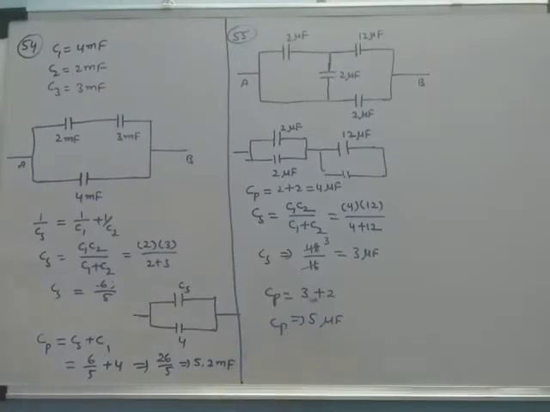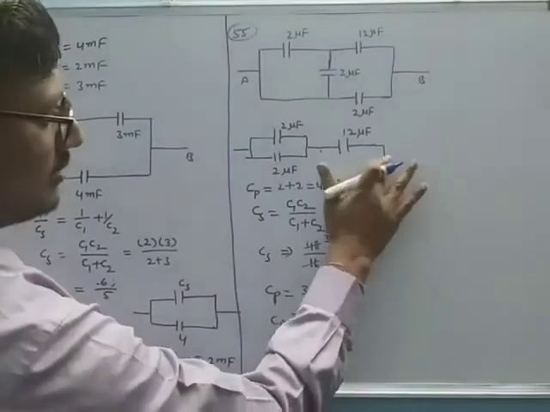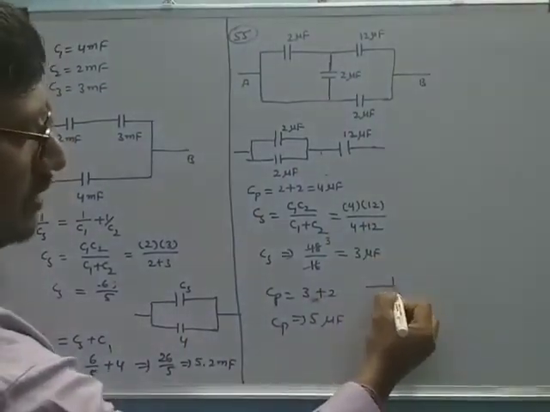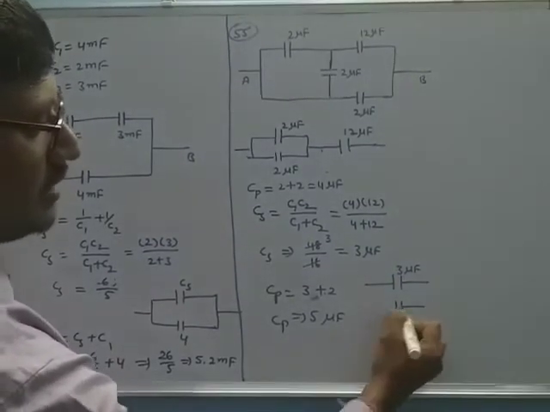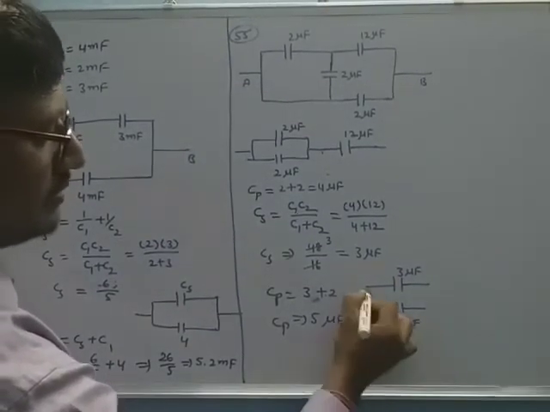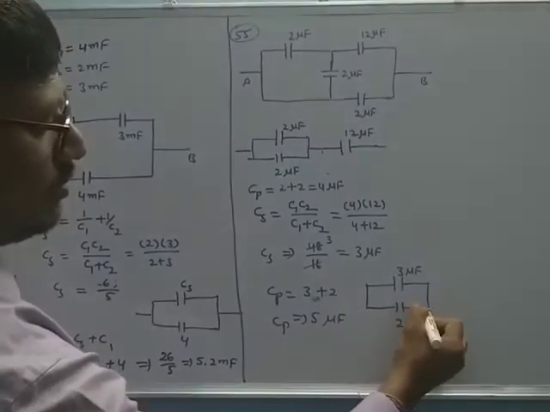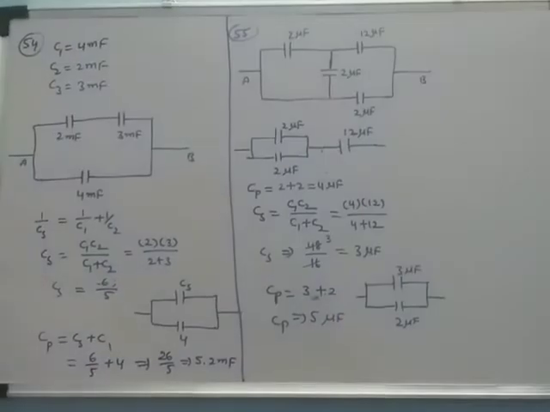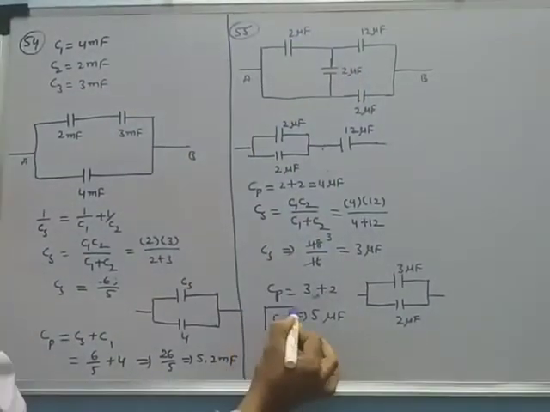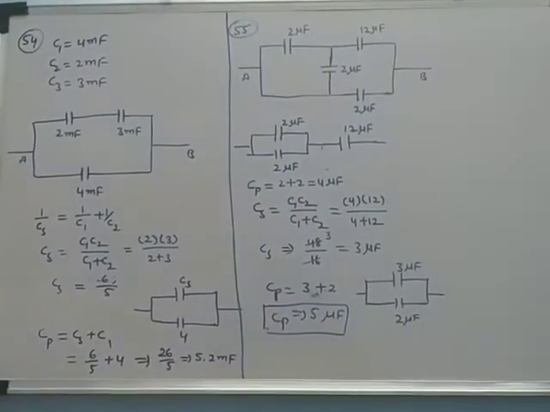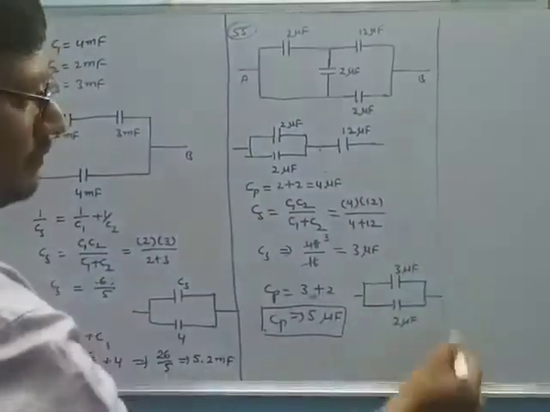This is the effective capacitance. We can also draw the diagram: here is 3 microfarad, and the other is 2 microfarad. This is the final combination, and the total combination of the capacitors is 5 microfarad. So next one, see 56.